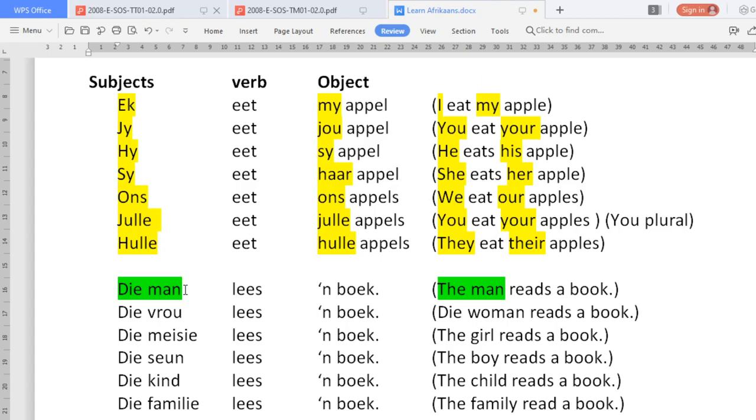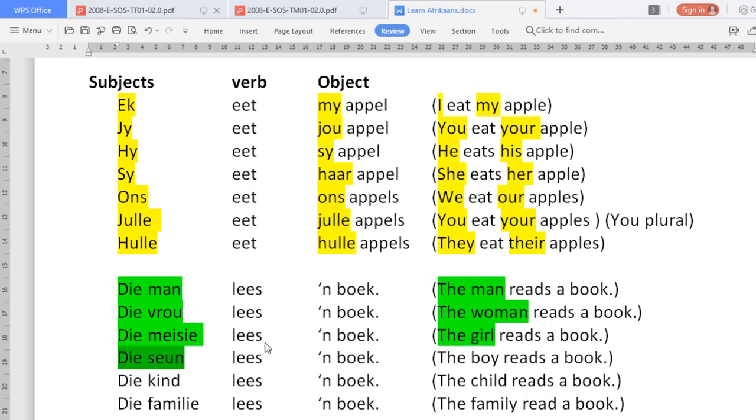Okay. Die vrou lees 'n boek, so it's the woman reads a book. Woman, vrou, can also be wife, but then you'll say my vrou, my wife. Die meisie lees 'n boek, the girl reads a book. Die seun lees 'n boek, the boy reads a book.